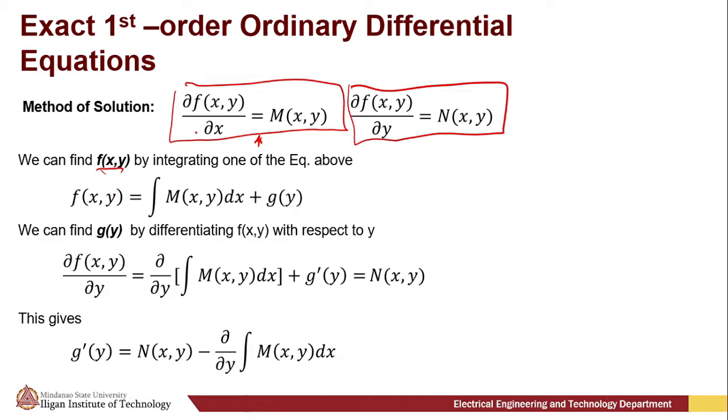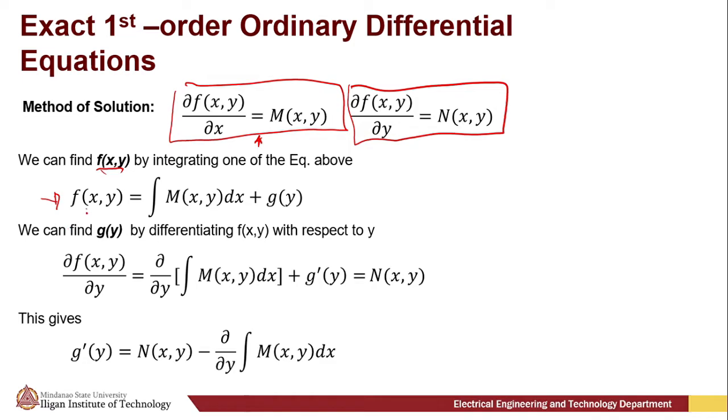By integrating this one, we get the function f(x,y) equals the integral of M(x,y) dx plus g(y). We can find g(y) by differentiating this equation f(x,y) with respect to y.